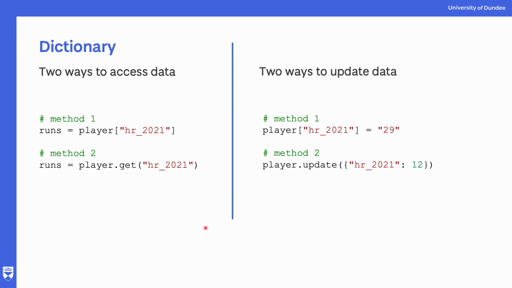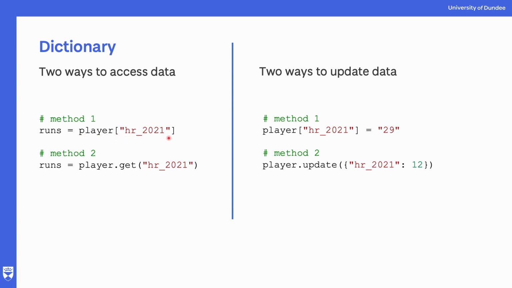There are two ways that I can access and update my data, and both are equally fine to use. So I might have my version of runs. So I want to get the data. So inside this new variable called runs, I want to make runs become something.